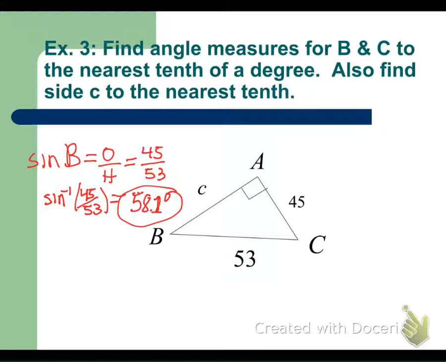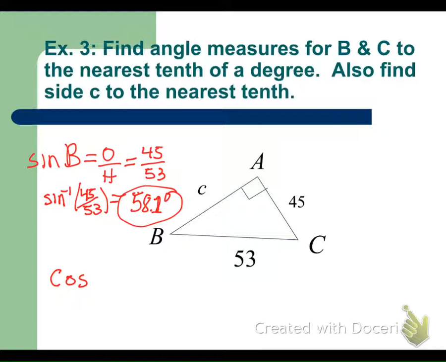We also want to find C. In reference to C, which side lengths do you have? And which sides are those in terms of opposite, adjacent, and hypotenuse? Adjacent and hypotenuse. So that means we're using cosine.